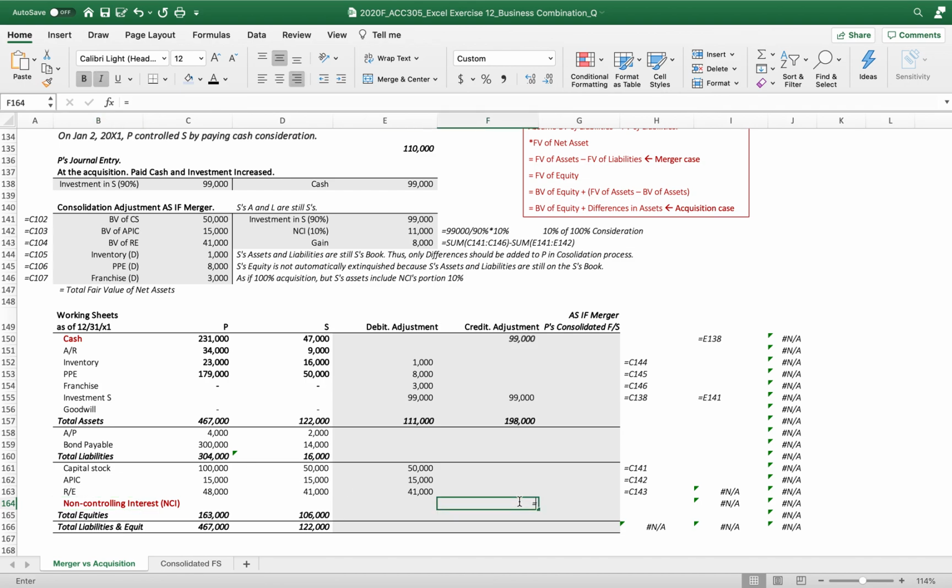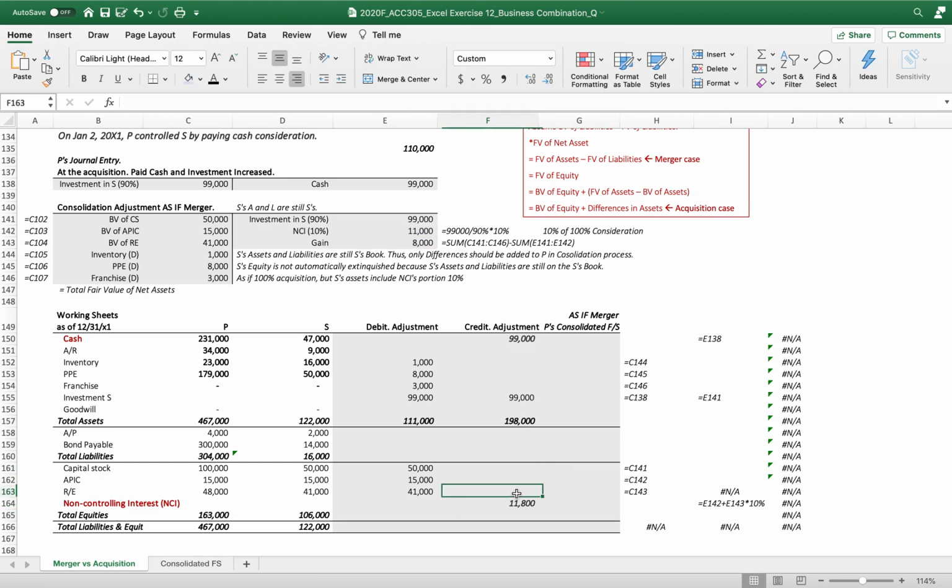So we put $11,000 there. Okay, but the gain here, we have to increase by 10% of $8,000. Again, this non-controlling interest has 10% of all the gain, all the asset, and all the liability. So we have to add 10% of $8,000.